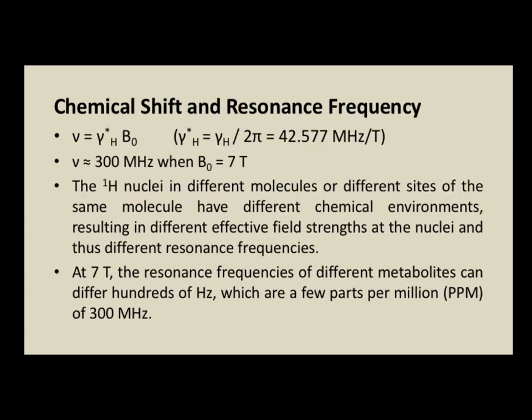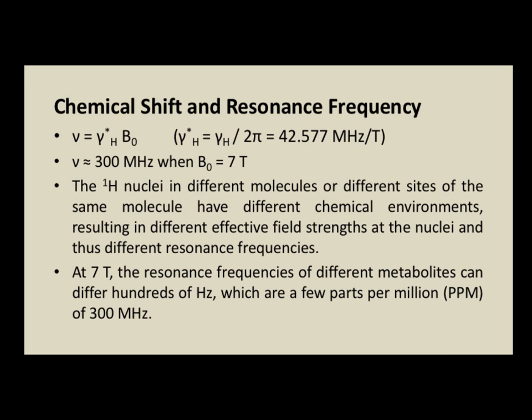The resonance frequency of a proton is the product of gamma of the proton, which is hydrogen-1, times B0. Gamma is 42 megahertz per Tesla. So at 7 Tesla, the resonance frequency of a hydrogen nucleus, or proton, is 300 megahertz.